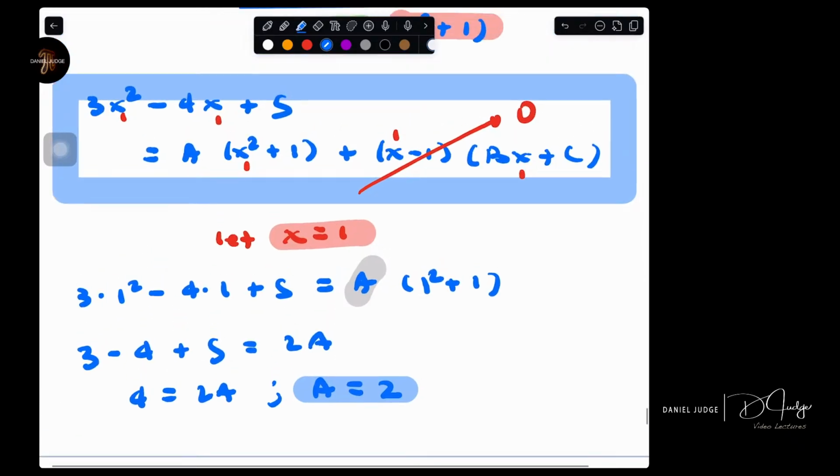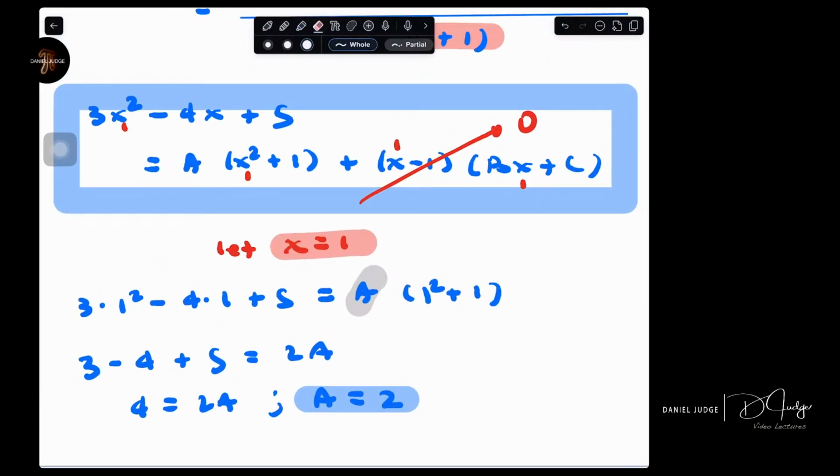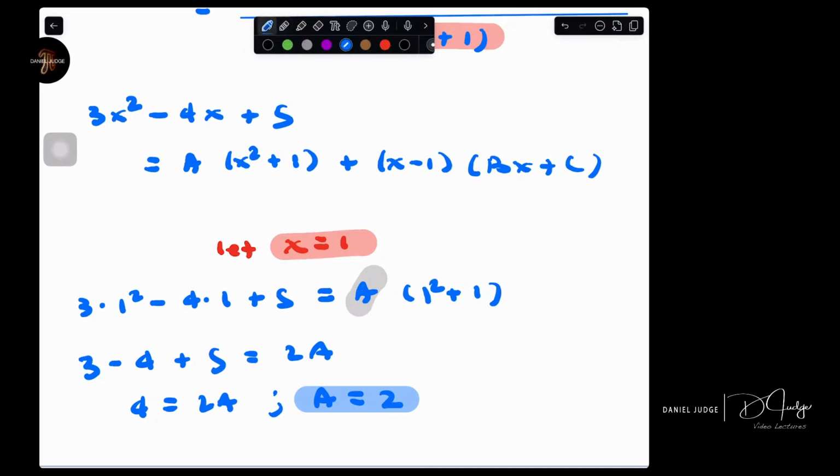Okay. Now, let's do the algebra. Distribute here and FOIL over here. That's still equal to everything you see up here.